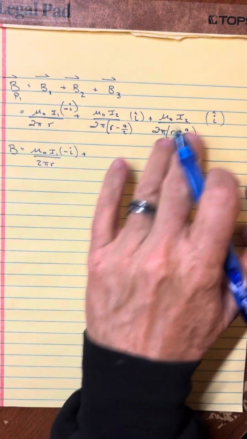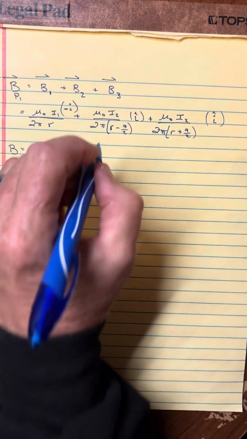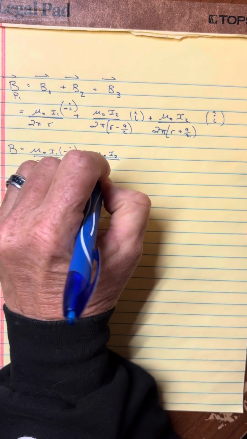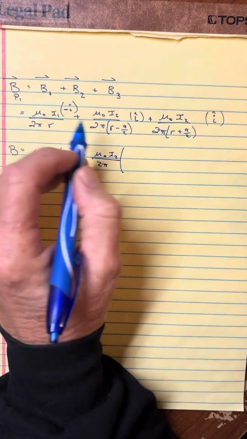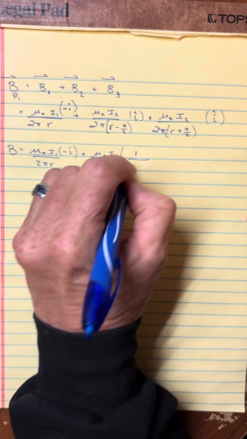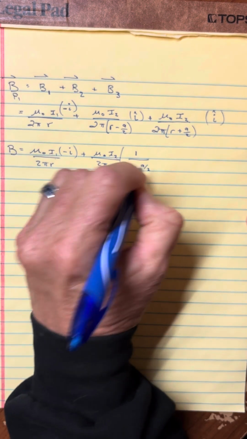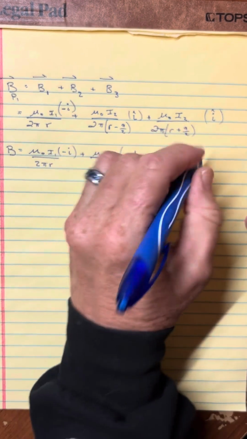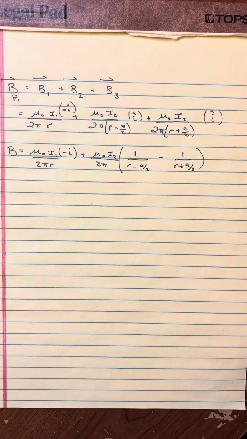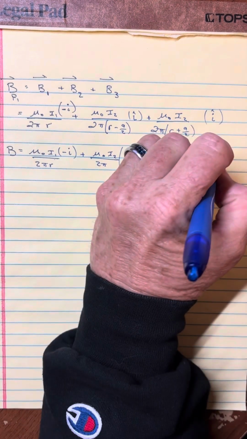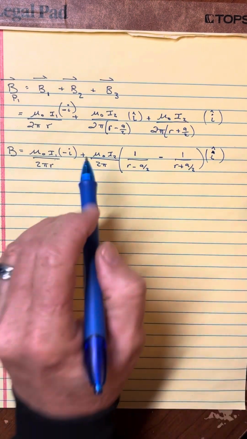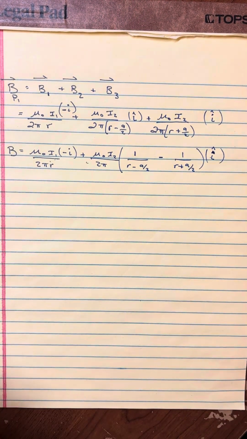So if I combine these together, I'm going to have a mu naught I2 over 2 pi. And then I'm left with a 1 over R minus A over 2 and 1 over R plus A over 2. And so that is in the positive I hat direction.